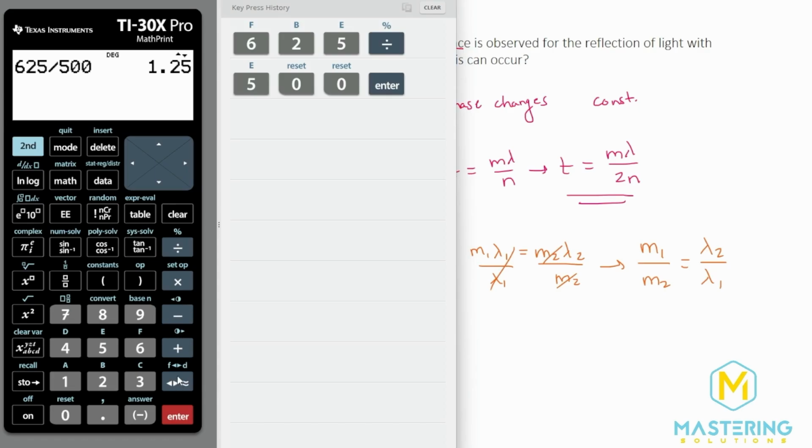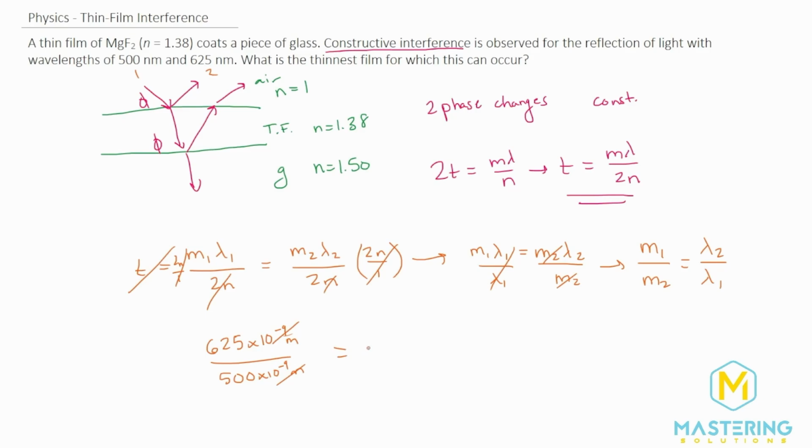Well, if we go decimal to fraction, that gives us 5/4. So this is equal to 5 over 4. What is 5/4? Well, that's equal to m1 over m2. So m1 is 5, or the fifth order of the m, and then m2 is the fourth order.